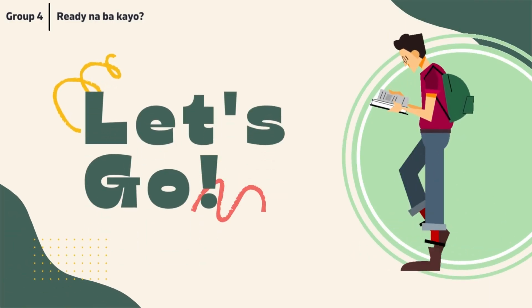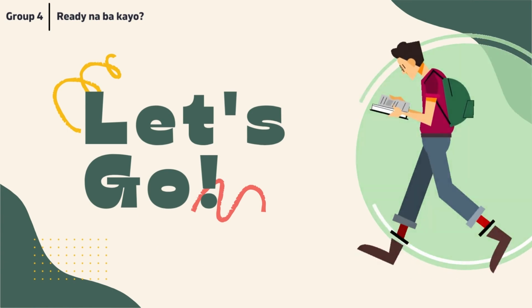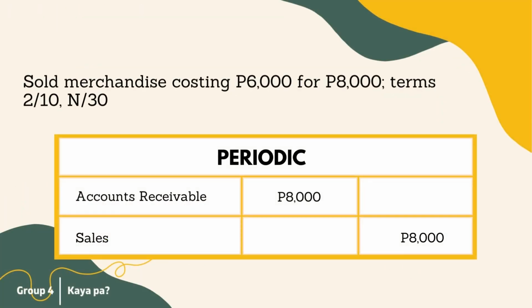Now we will go to transactions. First example, let's say this is the problem. Sold merchandise costing 6,000 pesos for 8,000 pesos. Terms 2% if paid within 10 days and net should be paid within 30 days.